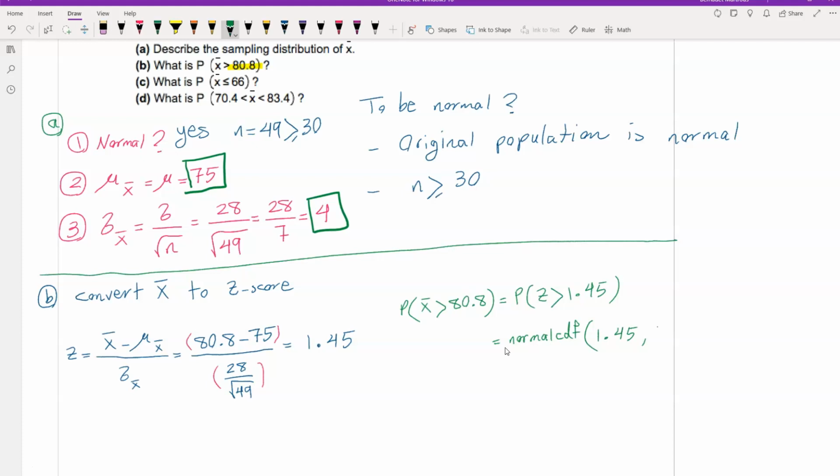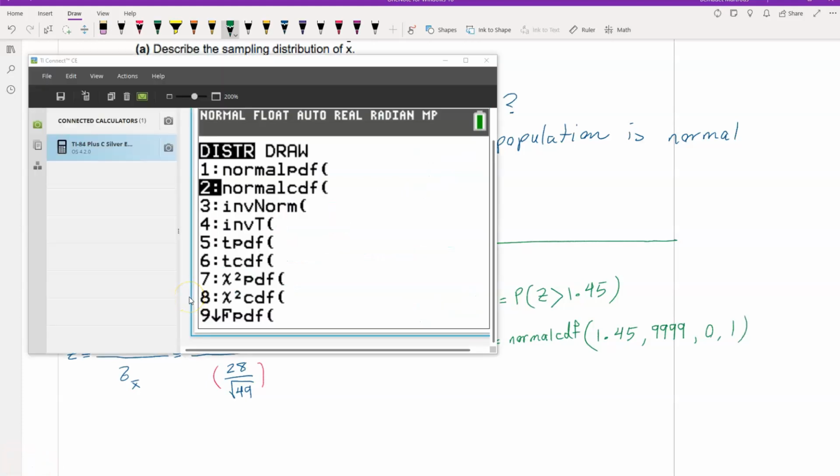For example, let's use 9999 instead of 1E99, comma 0, comma 1. So we use second VARS, number 2, normal CDF, enter.